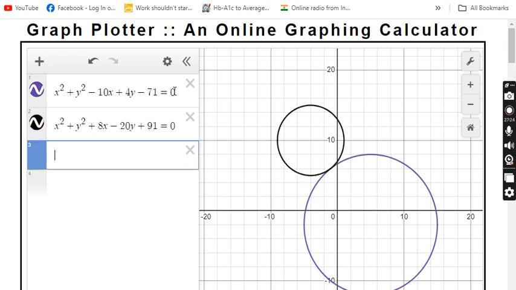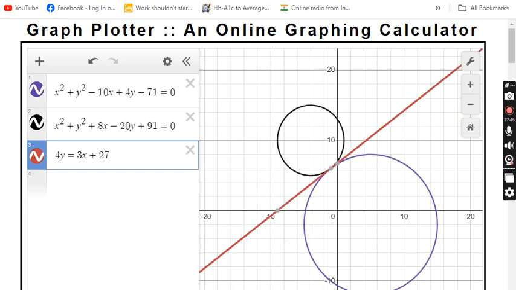And the third, the straight line, we just proved that the straight line of the common tangent is 4y is equal to 3x plus 27.